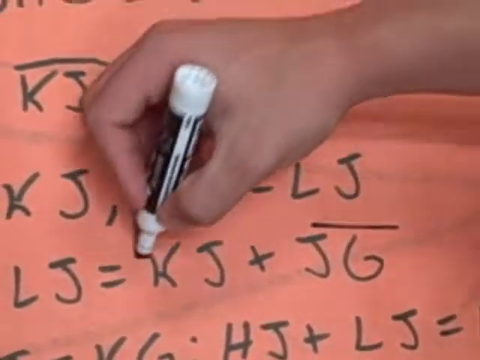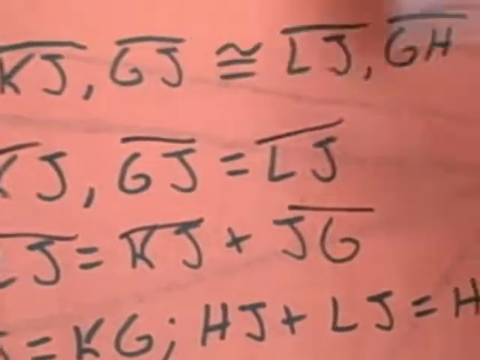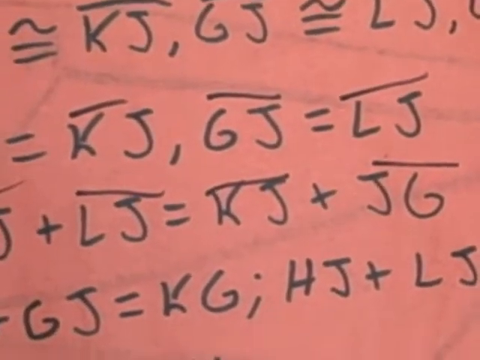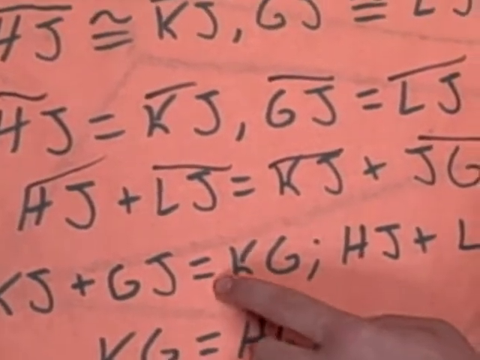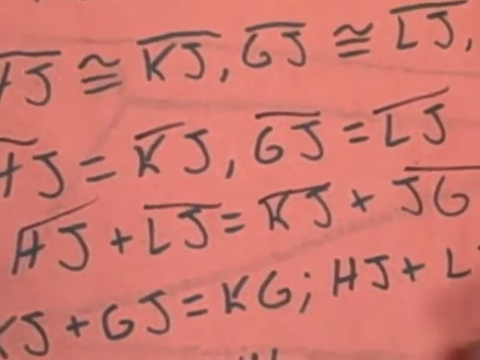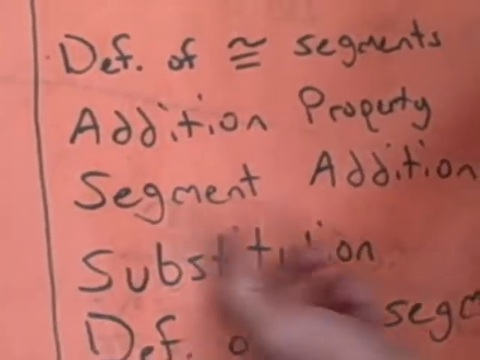It's when you add two sides. And now KJ plus GJ equals KG, and then HJ plus LJ equals HL. Segment addition, because you're adding two segments.